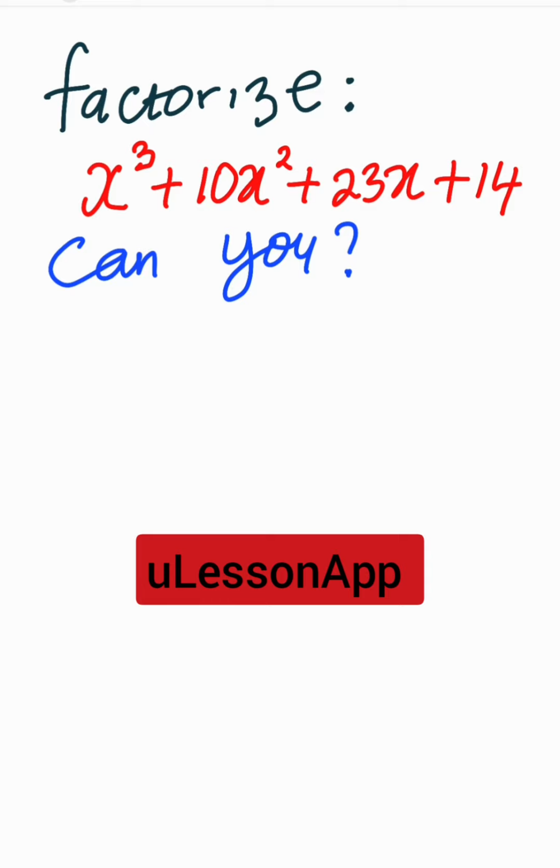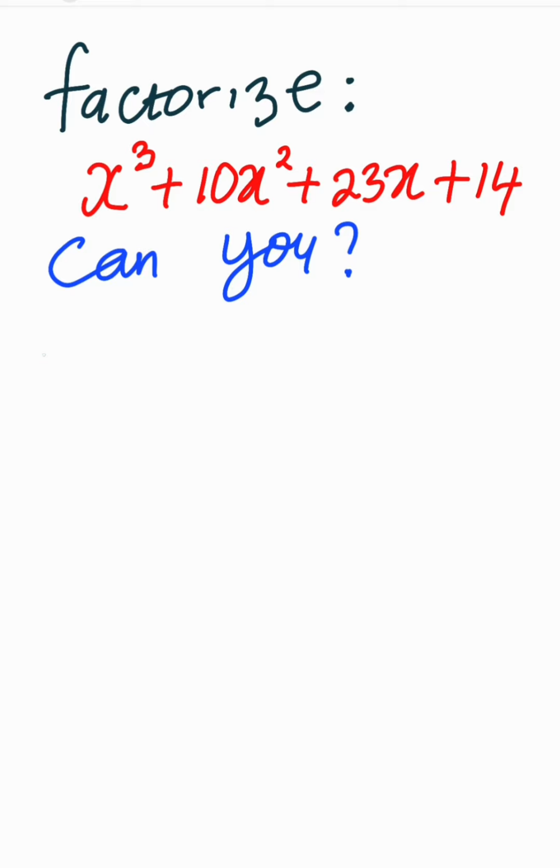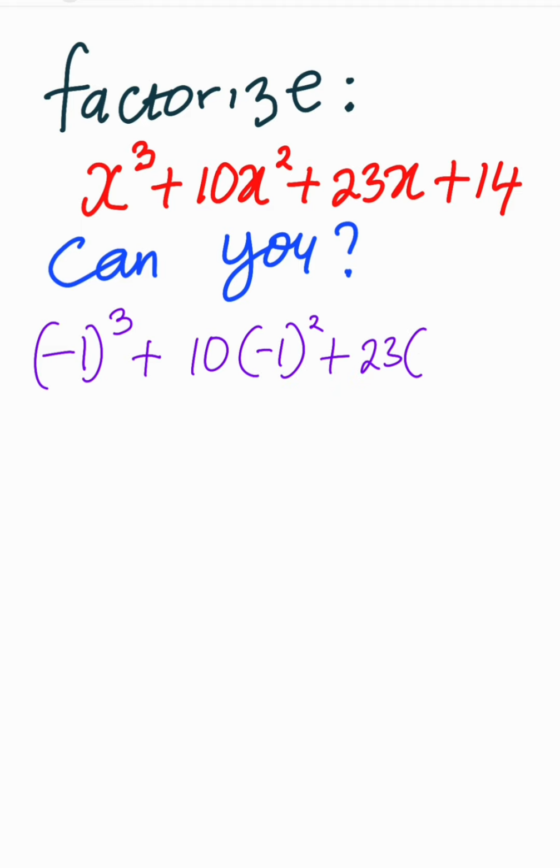So let us try minus 1. If I put minus 1 in place of x, I will have minus 1 cubed plus 10 into minus 1 squared plus 23 into minus 1, then plus 14. I'm just plugging in the minus 1 for x in the original expression.